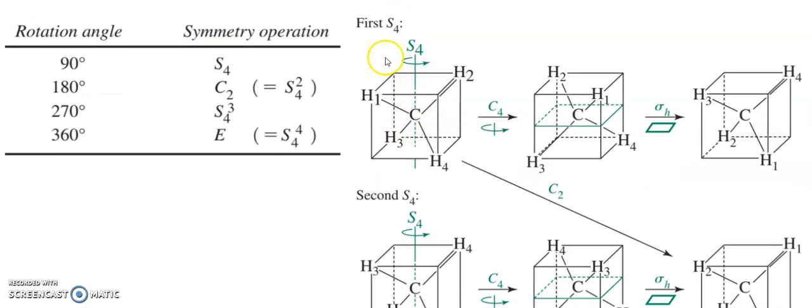So in methane you can see first S4, then C4, sigma h. If you go to C2, again you have the second S4, C4 and horizontal planes. Look carefully, then you will find exactly what's going on here.